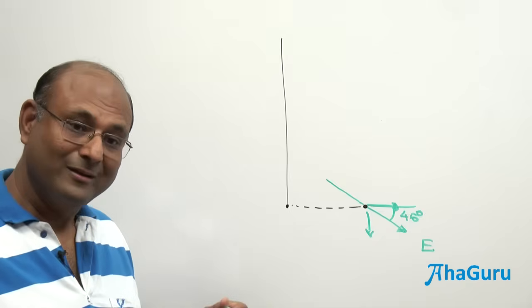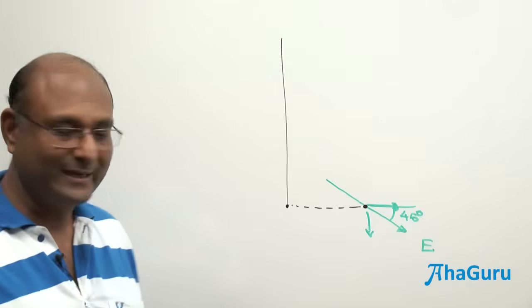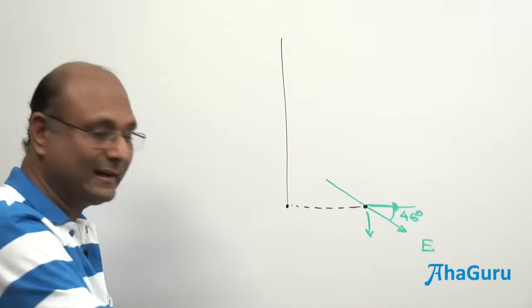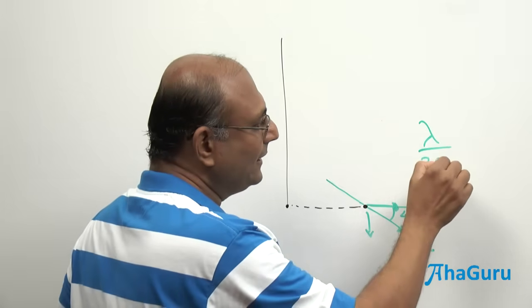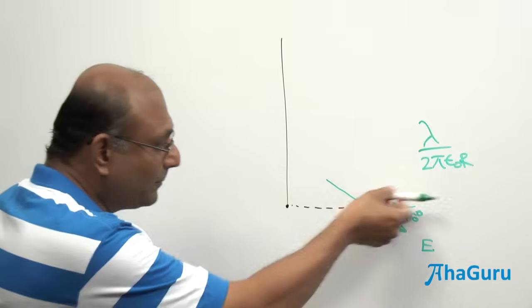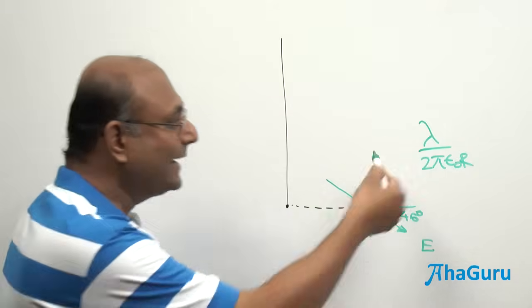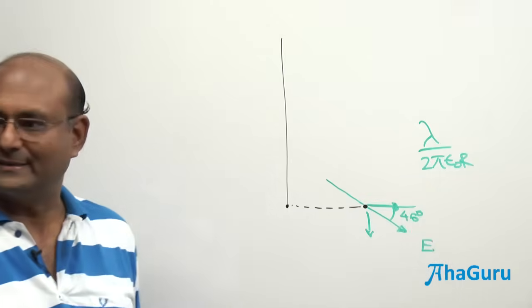Okay. Now, if you know that, I don't even need to know this formula, but I'm going to use it. Because if I already know the answer for an infinite line charge is lambda by 2 pi epsilon naught r, the component in this direction will be the same for this guy and for that fellow, right? So, by 2 would be the component in that direction and by 2 would be the component in this direction.